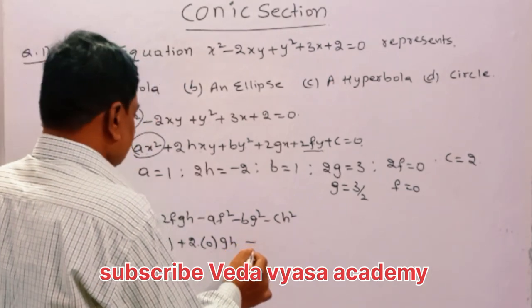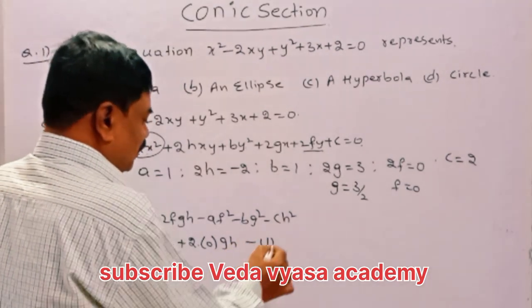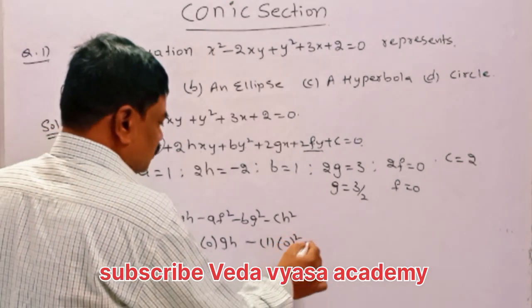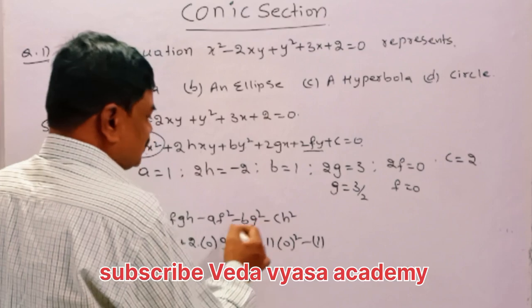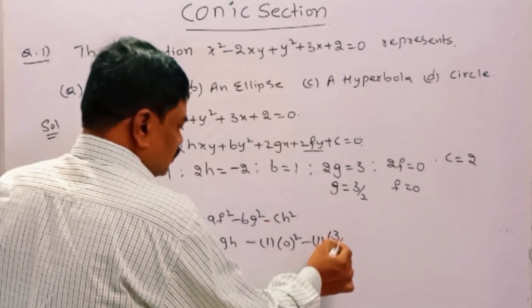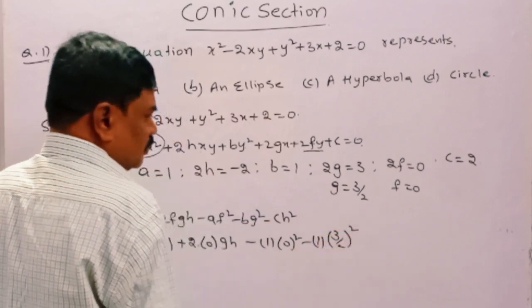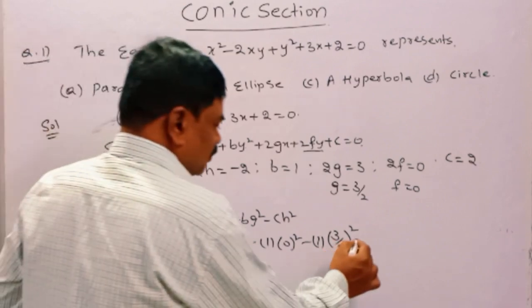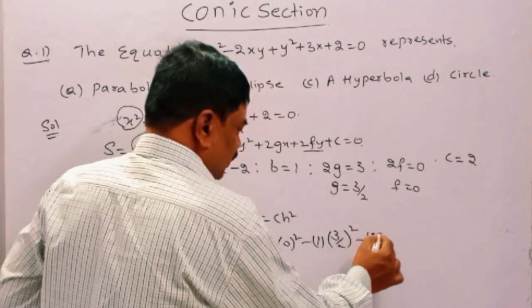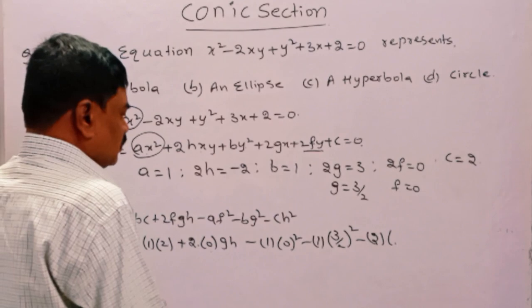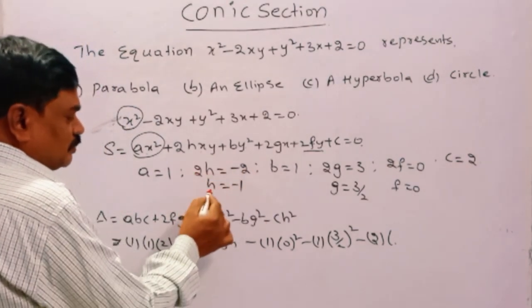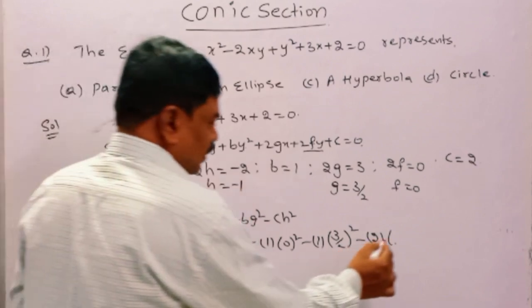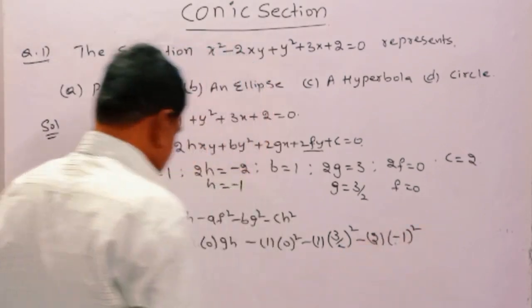Minus a value 1 into f value 0 square, minus b value 1 into g value 3 by 2 whole square, minus c value 2 into h square. 2h is equal to minus 2, so h is equal to minus 1, so minus 1 whole square.